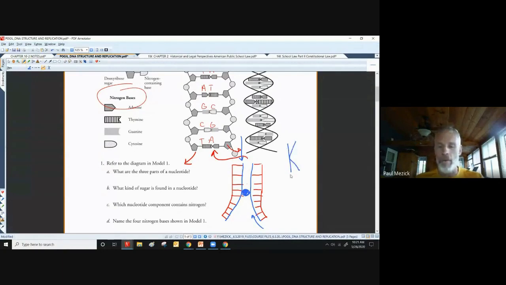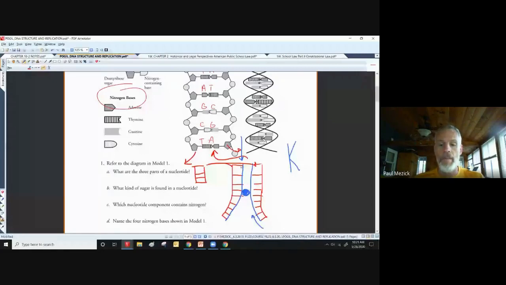But here's what's cool about it. Each half now, the original, so you've got to remember this original chromosome, original DNA looked like this. Okay, now we've got one strand that has become two strands. And each strand has retained, this is important, each strand has retained the red side.